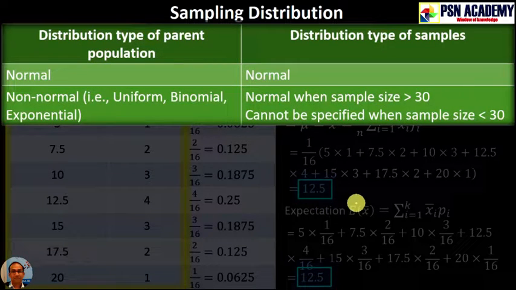Now, regarding the distribution, we have to talk about the distribution type of the parent population you have. If it is normal, then the distribution type of the sample will also be normal.